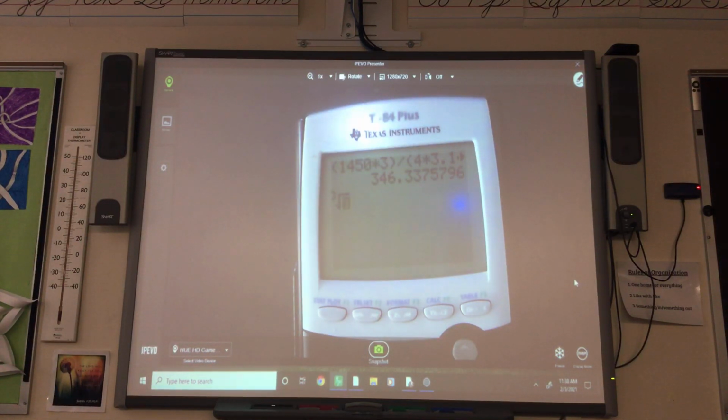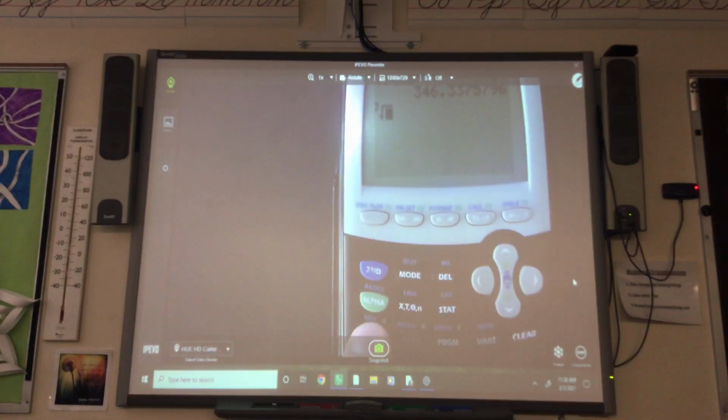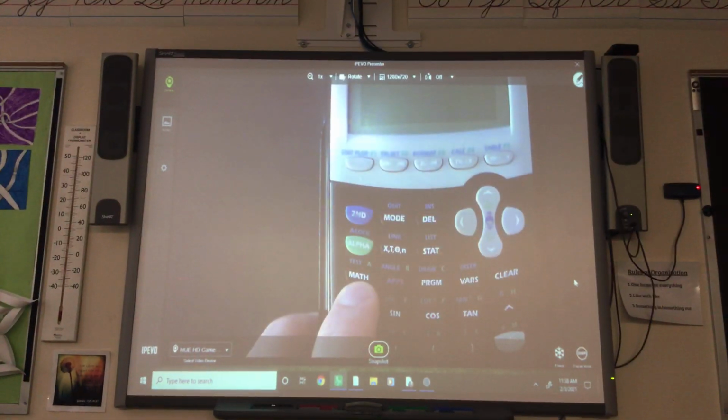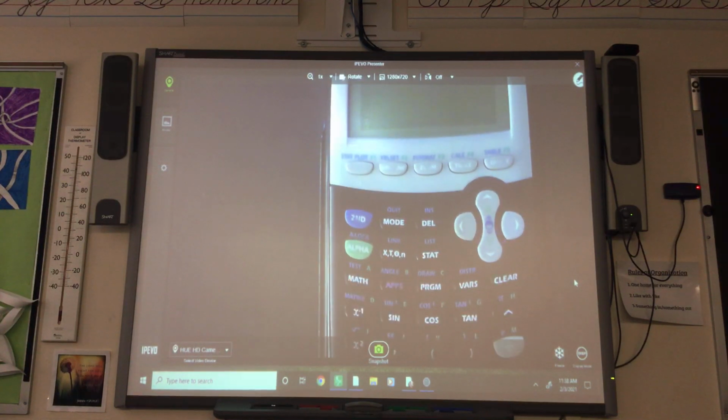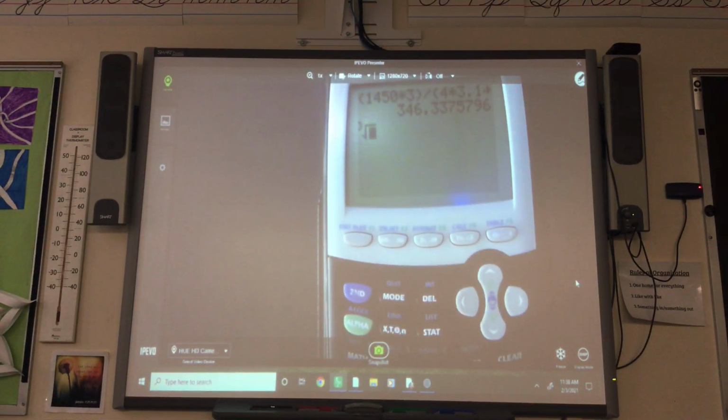You find cube root yet? Math is right here. You just hit that button, math, and then hit option 4. You can just hit the number 4, or you can go down to it and hit 4. You got it?